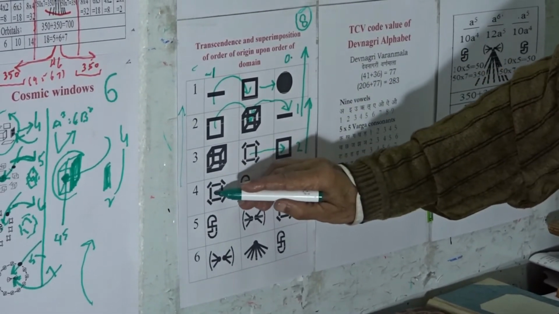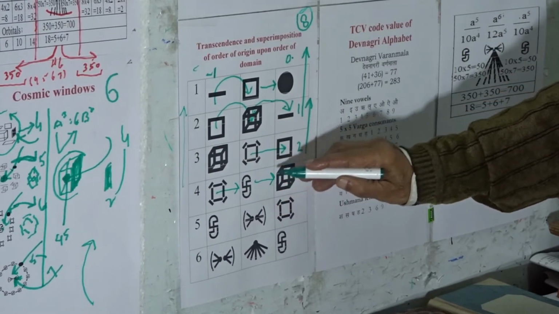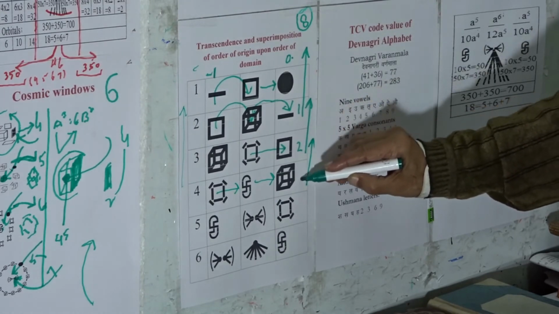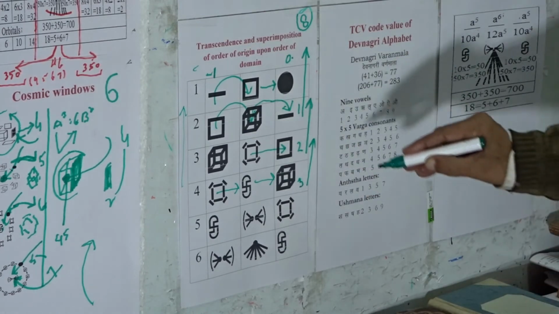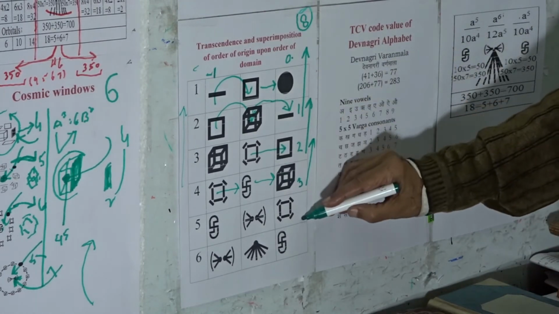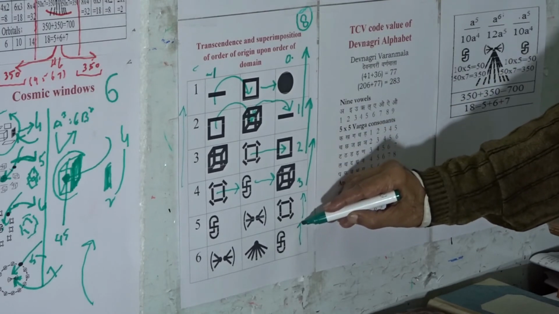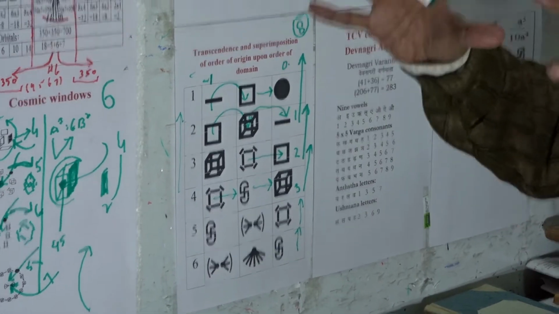Therefore, 5 space as origin of 4 space with 3 space and order will, with the transcendence upward, be having superimposition of 3 space or third order upon the spatial order. Sequentially, 4 space order upon 3 space and 5 space order upon the 4 space is going to be the happening within the domain.